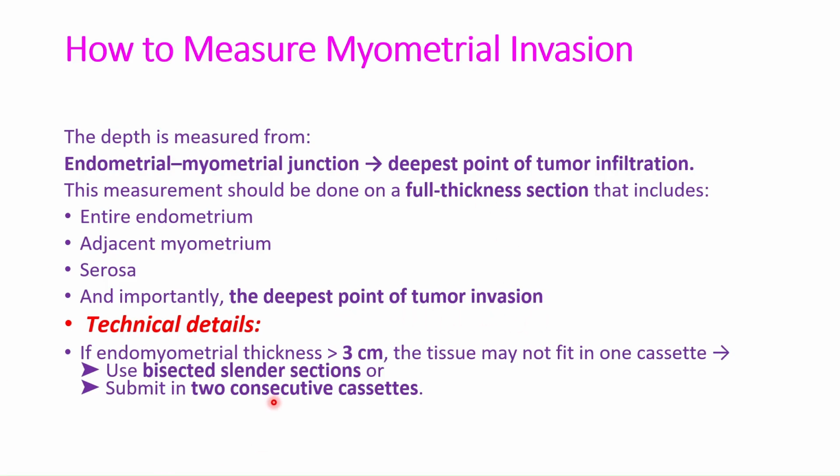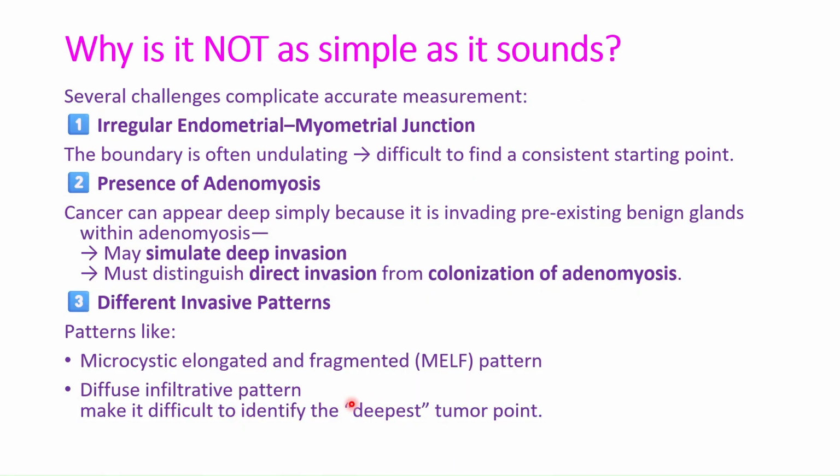Suppose the endomyometrial thickness is more than 3 cm, the tissue may not fit in one cassette, so we require bisected sections, or we have to submit in 2 consecutive cassettes so that we can exactly measure the myometrial invasion.